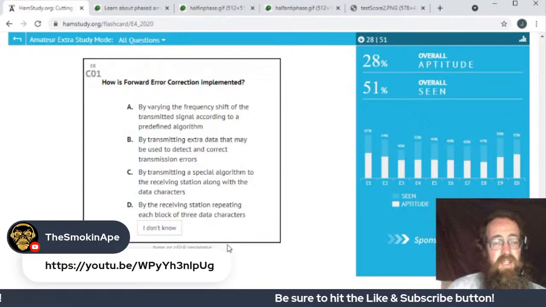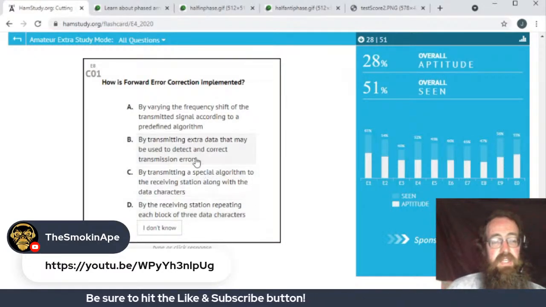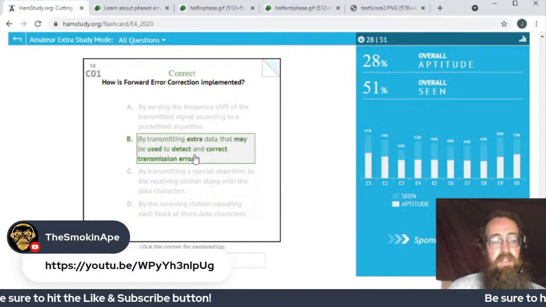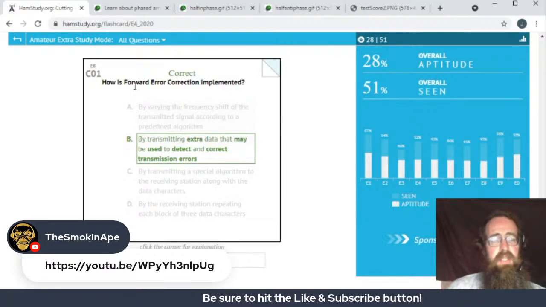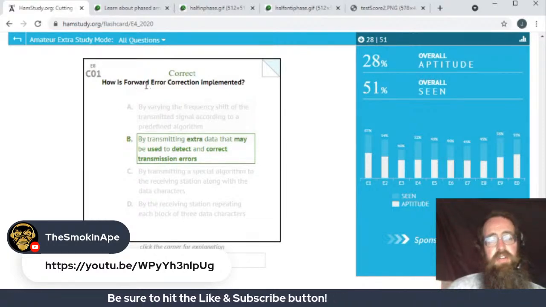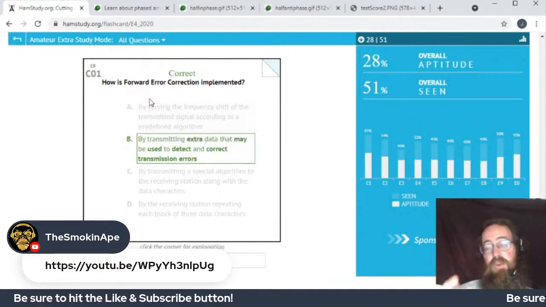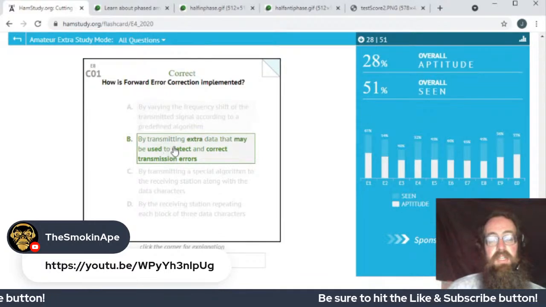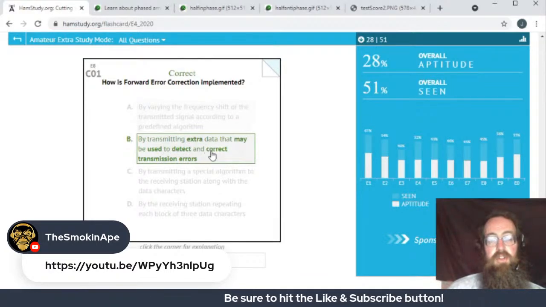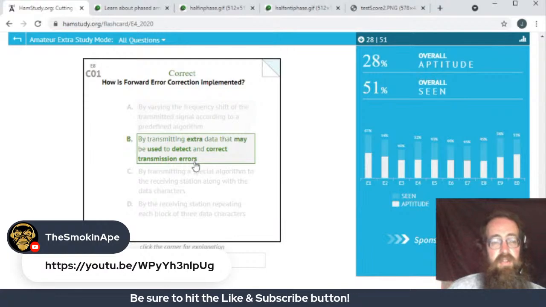I'm going to guess that it's B. The reason why I picked it is because it's forward error correction, so I'm saying it's being proactive. This is the one about sending extra data to correct the transmissions.